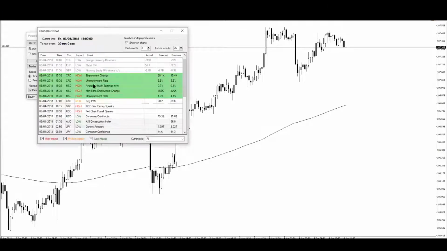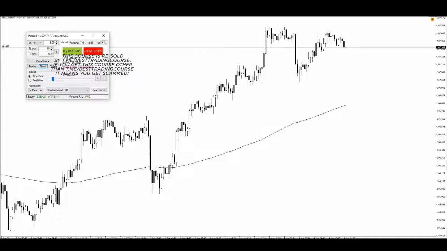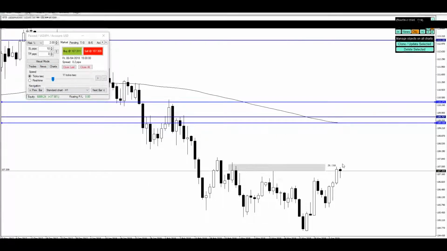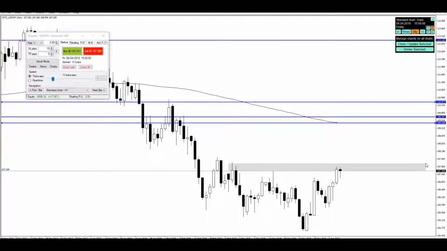Let's go to news. Oh, they're expecting bad unemployment rate. Non-farm payroll, they're expecting really bad. All right, let's take a look on the daily now again. Daily is coming into that same resistance area now again, right?